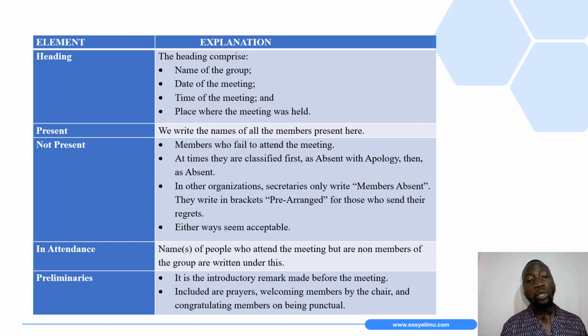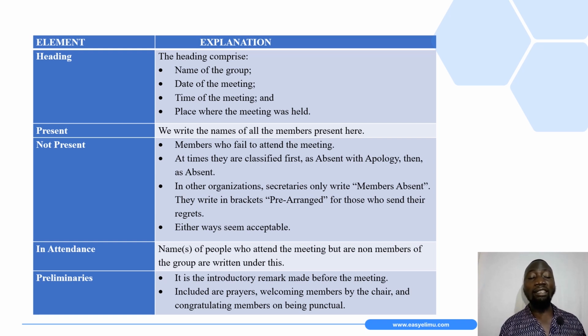And here we have a table that is having two columns. The first column is having the elements that we have discussed, and the other column is having the explanation or what you are supposed to do under each element. So for example, under heading, you were told that the heading comprises the name of the group, date of the meeting, time of the meeting, and place where the meeting was held.